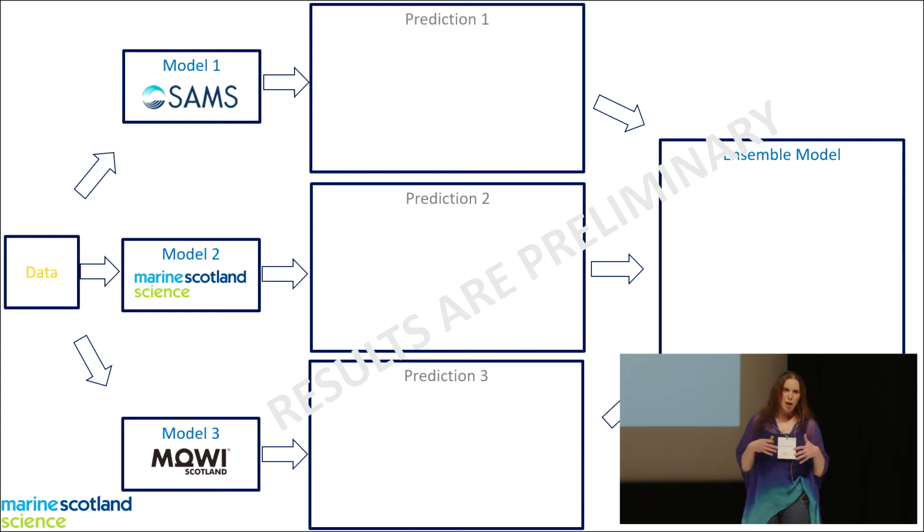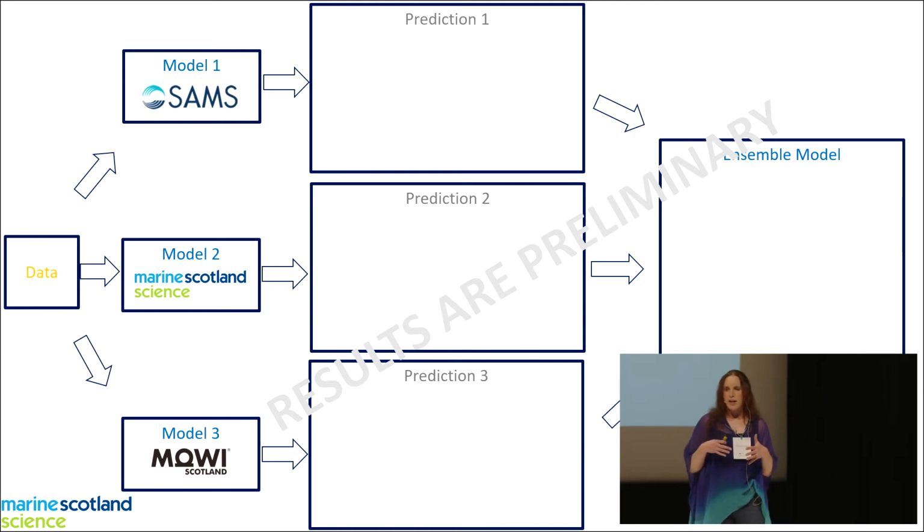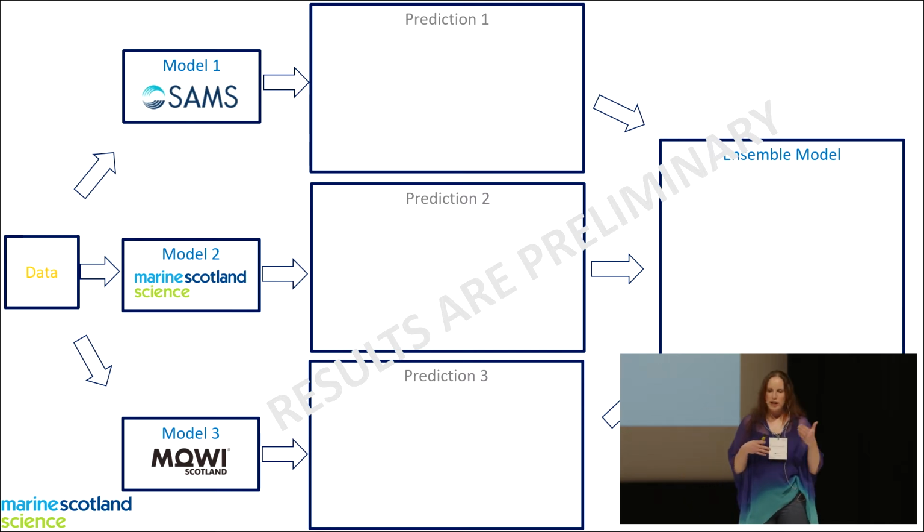We've coupled them with the same wider Loch Linnhe shelf hydrodynamic model. We're testing the variability between our particle tracking models, and trying to understand how much uncertainty will arise in the individual models.